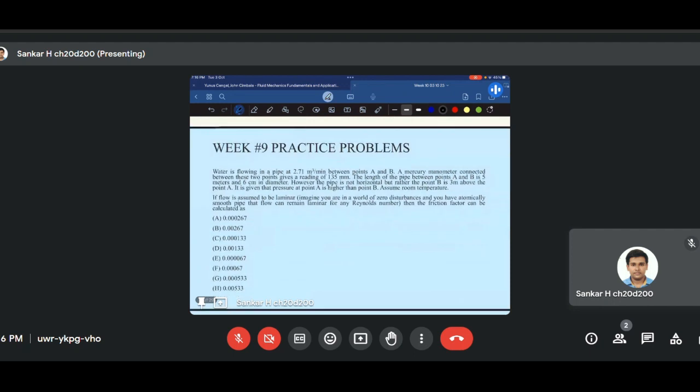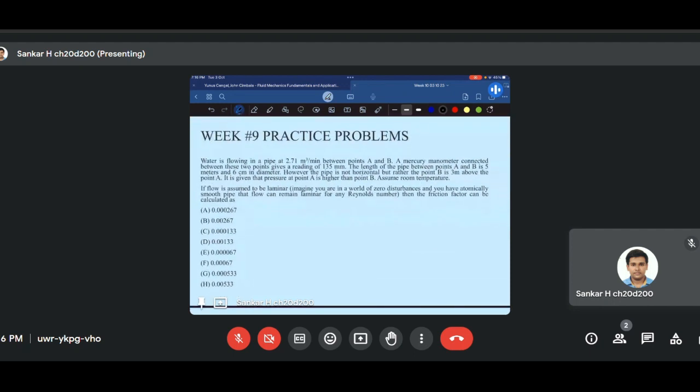Now it is also given that the flow is assumed to be laminar. Again, as per the similar assumptions we have made previously, we have to find the friction factor. For that, we first need the velocity, which is the volumetric flow rate divided by pi d square by 4.